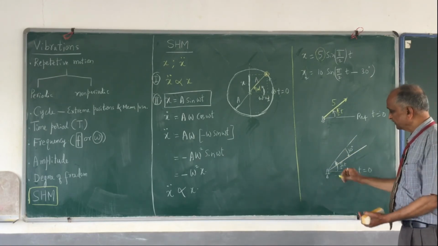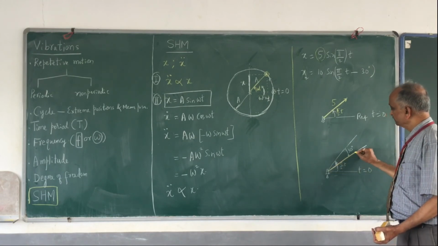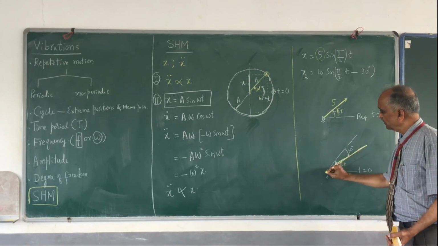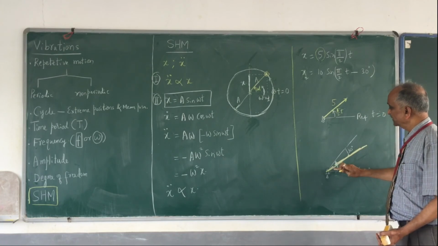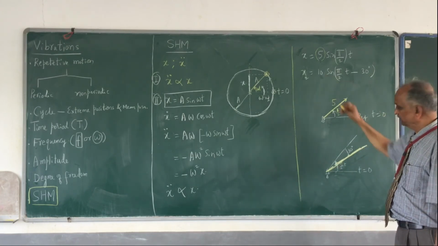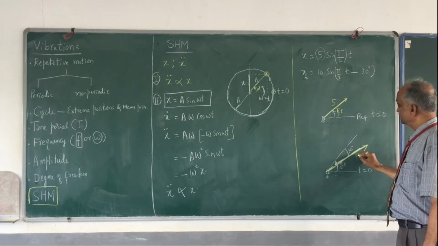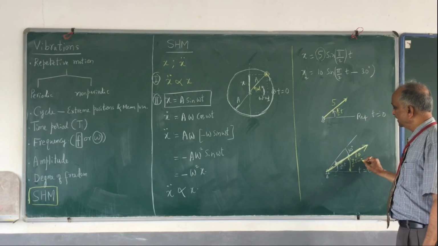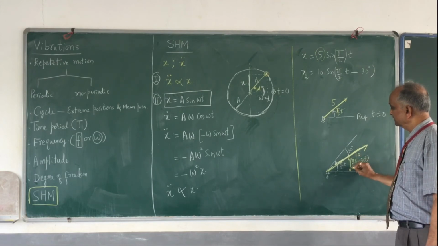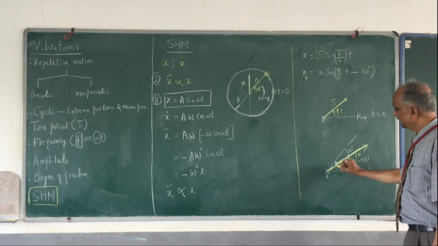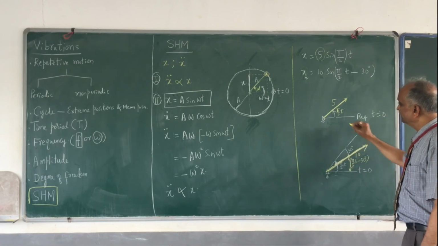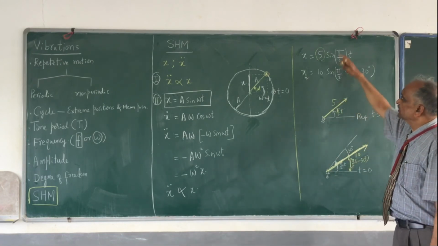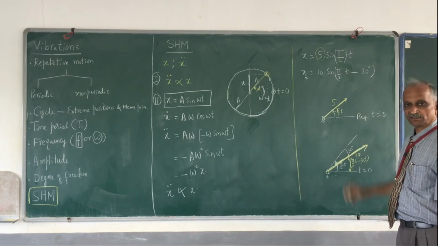This is the vector. The length of this vector is 10, and this angle is pi by 2t minus 30 degrees. Therefore this also is a vector. This represents this, and this represents this.